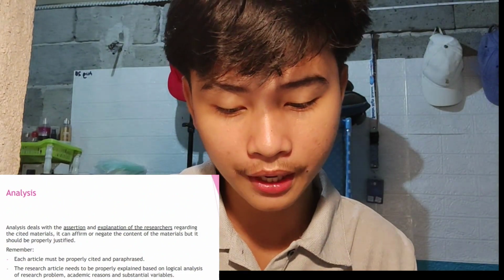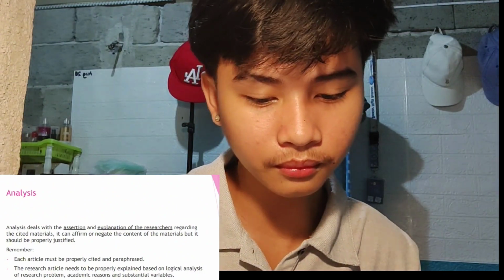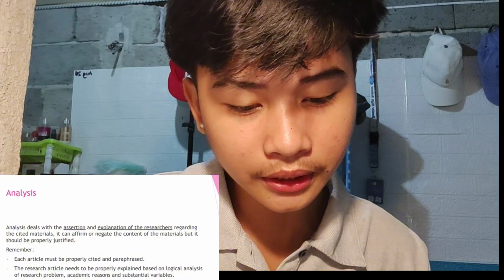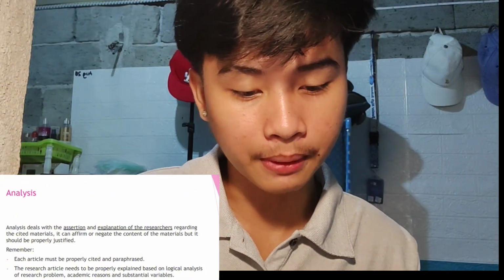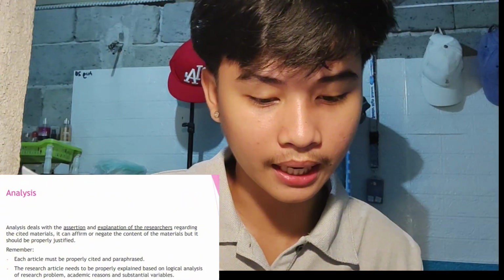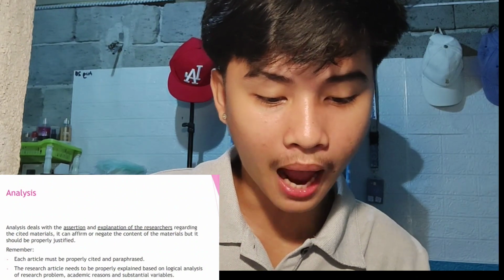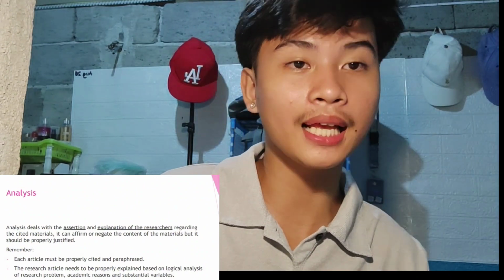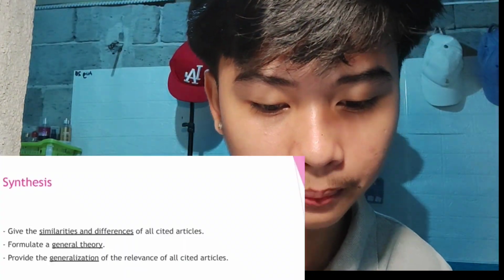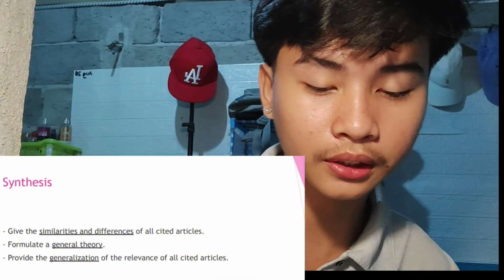Remember, each article must be properly cited and paraphrased. The research article needs to be properly explained based on the logical analysis of the research problem, academic reasons, and substantial variables.